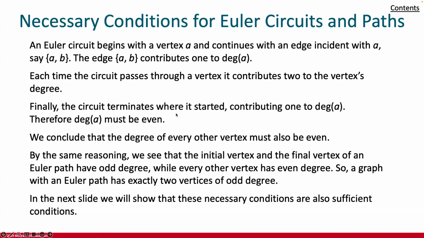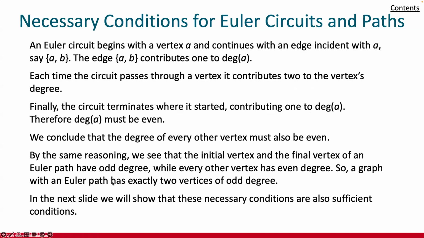Finally, the circuit terminates when it contributes 1 to the degree of A. Therefore, degree A must be even. We conclude that the degree of every other vertex must also be even. By the same reasoning, we see that the initial vertex and the final vertex of a Euler path have odd degrees, while every other vertex has even degree.